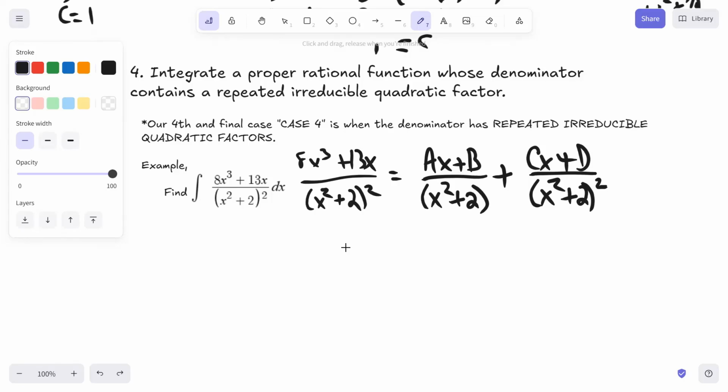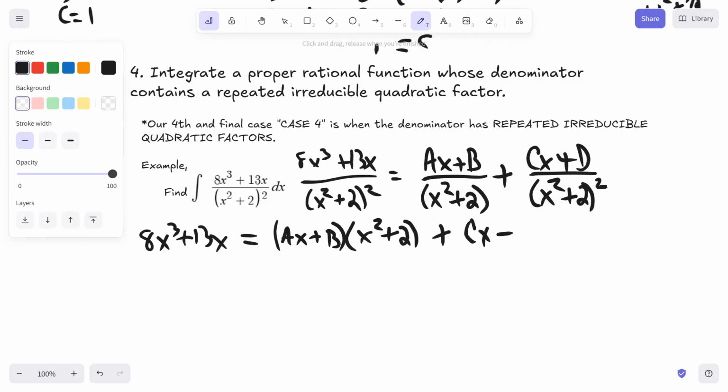All right, clearing the fractions, you would have 8x cubed plus 13x equals ax plus b times x squared plus 2, plus cx plus d. Now, at this step, what we can do is just start off by equating coefficients. So we're going to FOIL the ax plus b with the x squared plus 2.